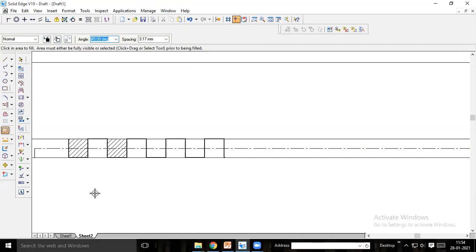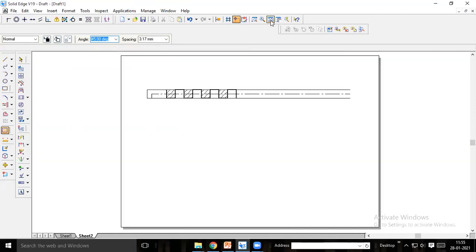Towards the bottom you will be having thread space. Here you will be having solid material. Like this you have to hatch. Is it clear? So you need to do external thread also. You can trim this unwanted line.